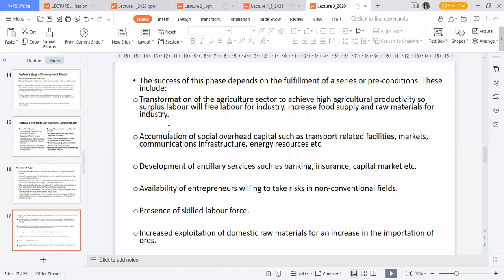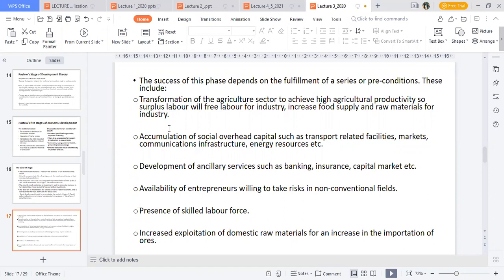Okay. Transformation of the agricultural sector to achieve high agricultural productivity. So surplus labor will be freed. High agricultural productivity will free surplus labor for industry, increase food supply and raw materials, and lead to accumulation of social overhead capital.